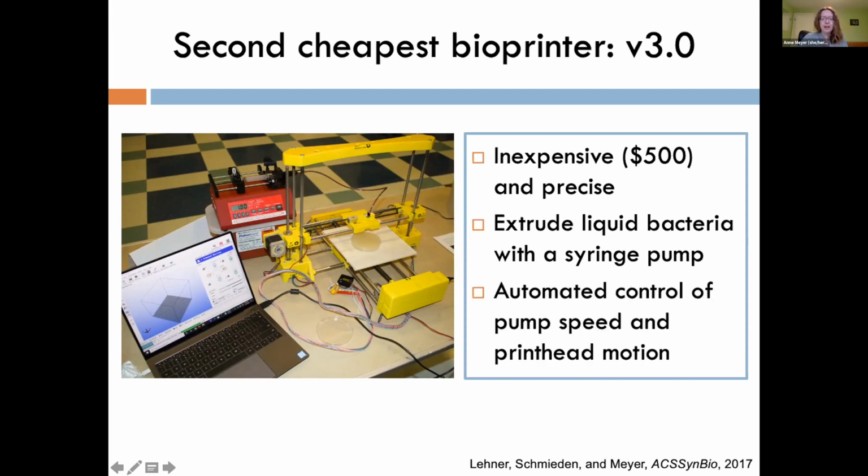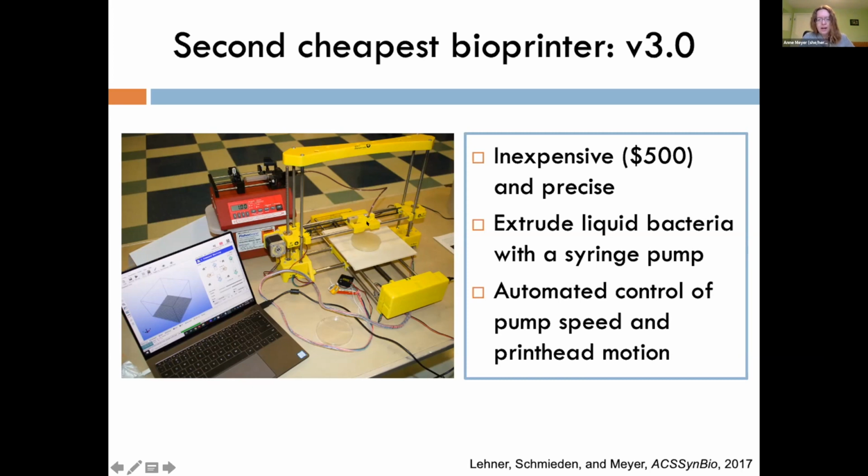This print head is literally the cheapest conventional 3D printer that we could find. It's some $250 3D printer that we bought, and it was designed to print PLA plastic. The plastic gets melted and extruded and then dropped down onto the printing surface. So my student on this project, Benjamin, just took off the extruder, took off the heating element, and replaced it with just the input tubing here.